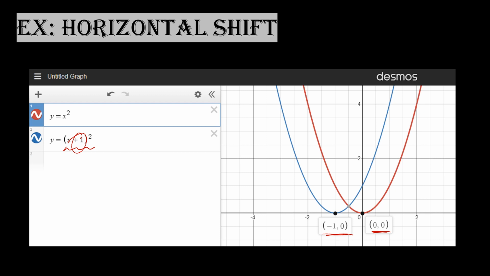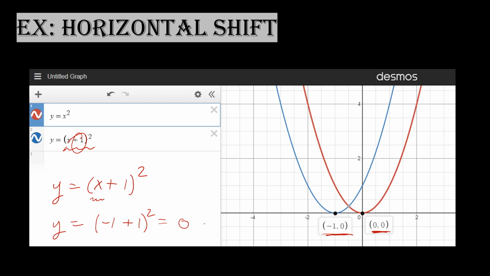Think about what happens though. If we have (x + 1) squared, what value do we need to plug in for x in order to get out 0? If we plug in -1, see how we get 0?